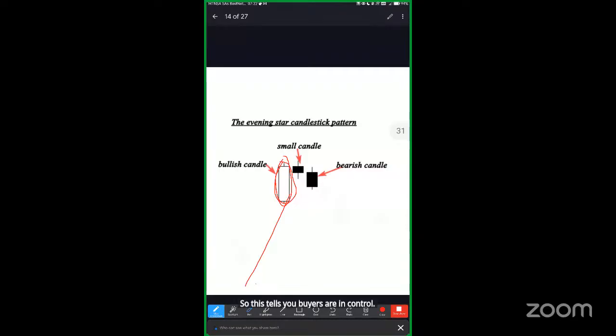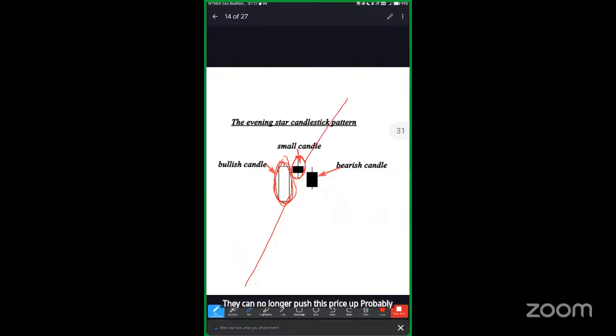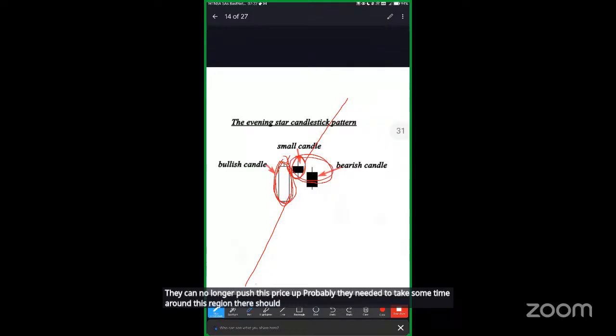But come the next candle, you will see that buyers who were controlling here are losing their momentum. They can no longer push this price up. Probably they needed to take some time around this region. There should be a fight. Sometimes you see that the market is fighting around here, doing some ranging here, some ranging here.